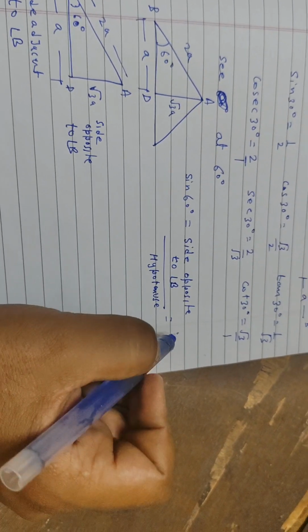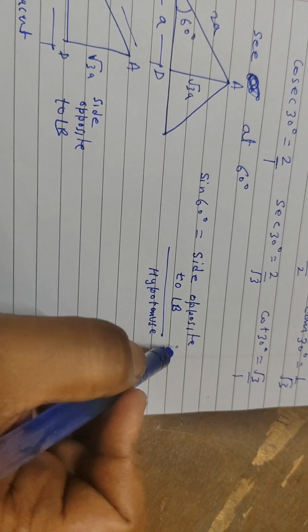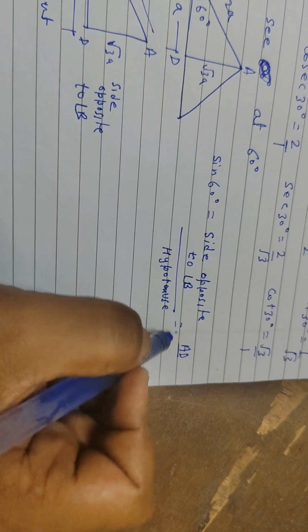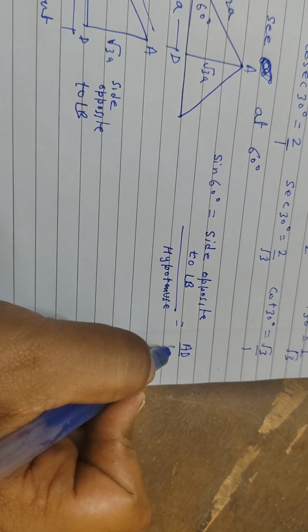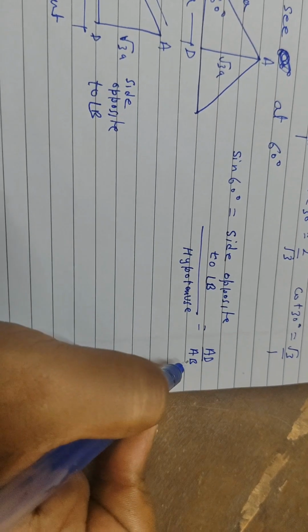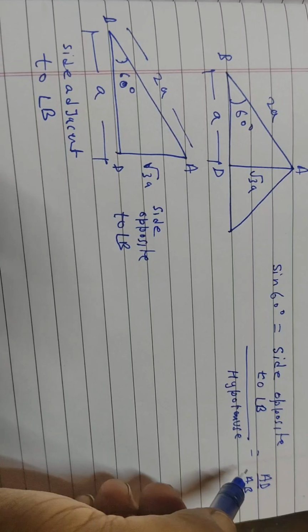So here side opposite B is AD over hypotenuse AB. Look in the figure, AD and AB.